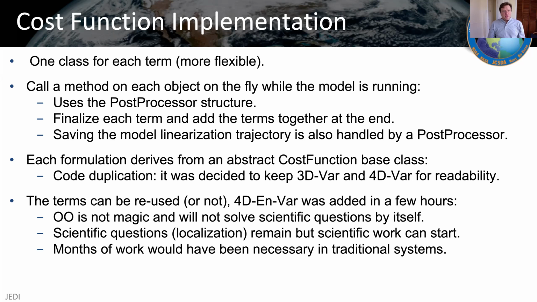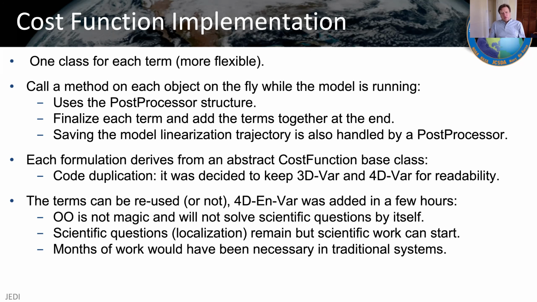Now, the terms themselves of the cost function can be reused. For example, the JO term, the observation term, is reused in both the 3D var, the 4D var, and most of the other ones. And for example, the 4D ensemble var was added in just a few hours. It's fairly simple. It's just recombining various pieces slightly differently.